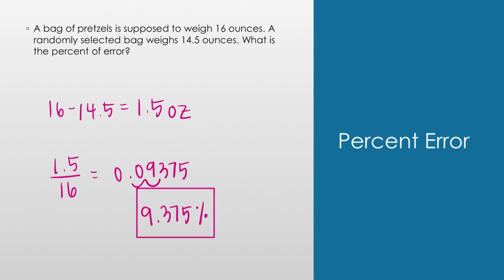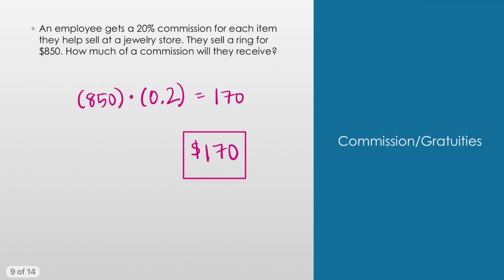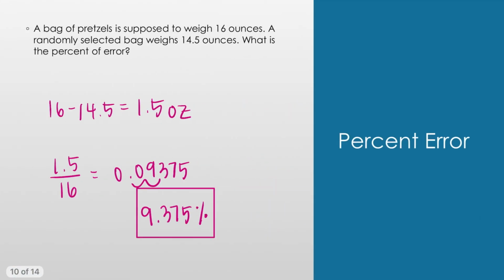I'm going to pause here for a second because this one is a little bit different. In the other ones, we've just been doing how much of the amount. So we're given the percentage and then we have to find the amount of the original. And this one we have to find the percent. So to do a percent, we need to know what is the portion and what is the total, just like with a fraction or with a unit rate. And then you just divide it to find the decimal.